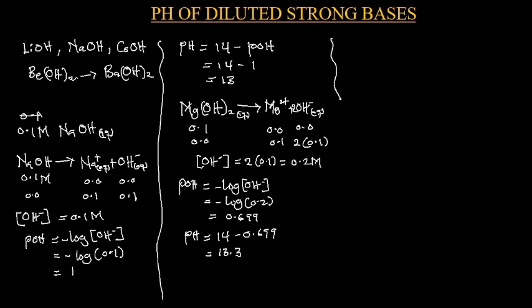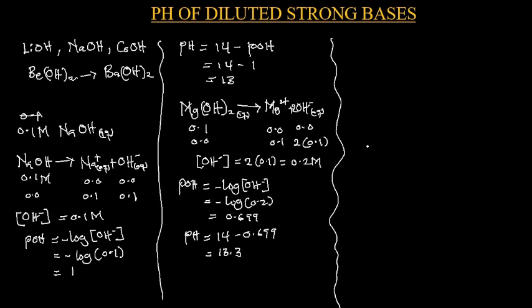Now, what we have to take note of is that in this particular calculation, we did not consider the hydroxide that is being generated by water. We didn't consider what is generated by water molecules.